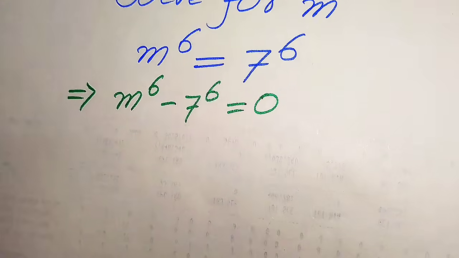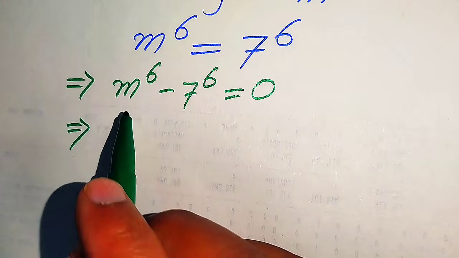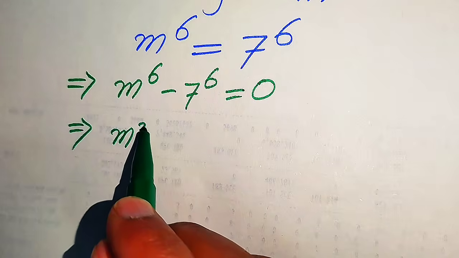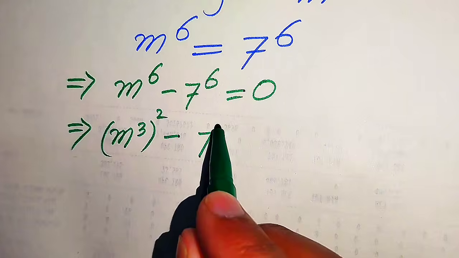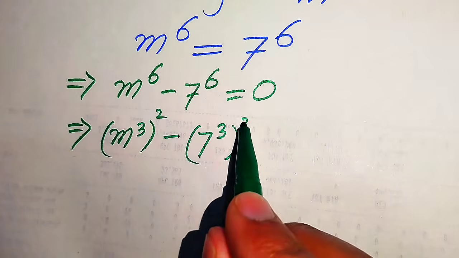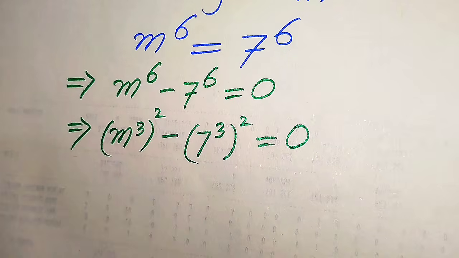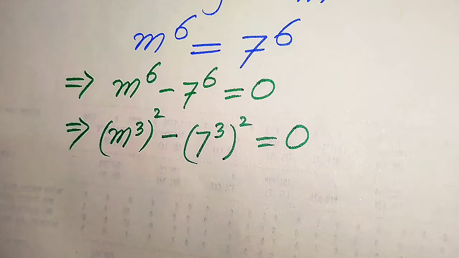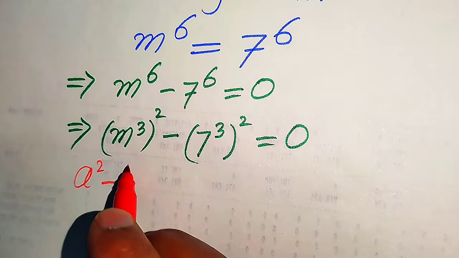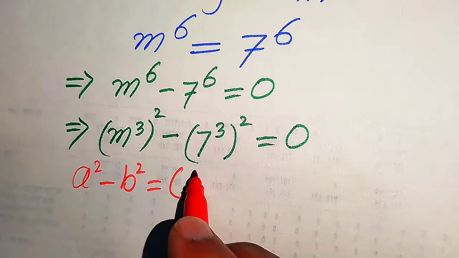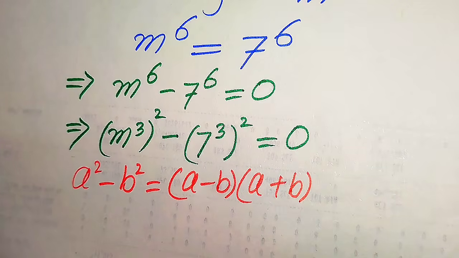And further, in the next step, we rewrite this equation in this form. We write m to the power of 6 as m cubed, whole squared, minus 7 to the power of 6 as 7 cubed, whole squared, and this whole equation is equal to 0. And here we use the nice algebraic formula you know about: a square minus b square is equal to a minus b times a plus b.